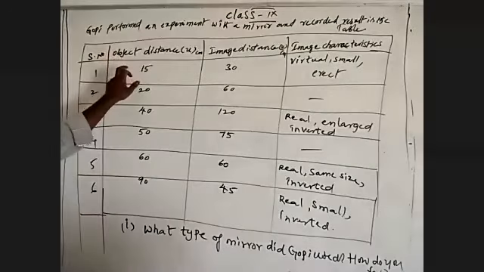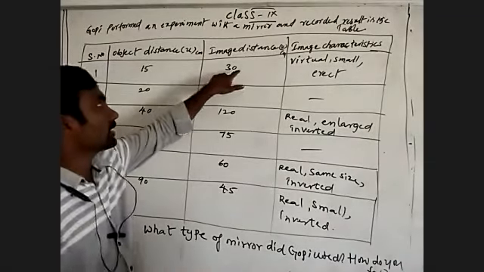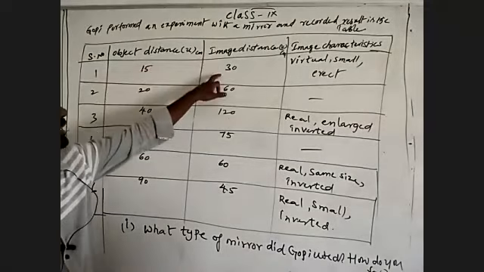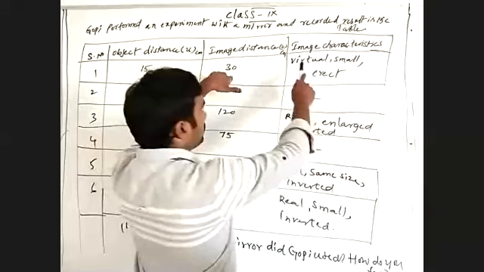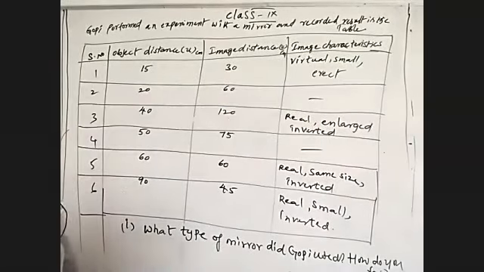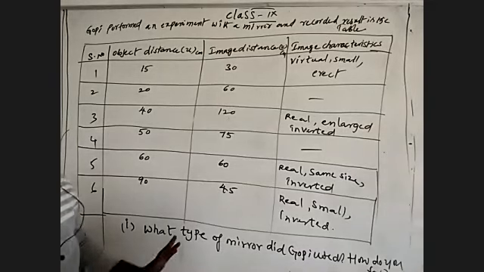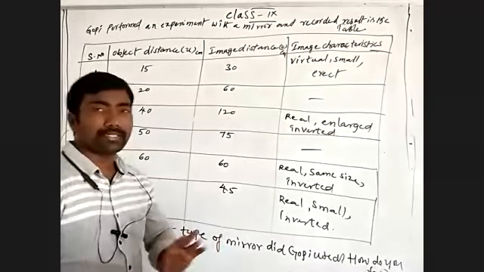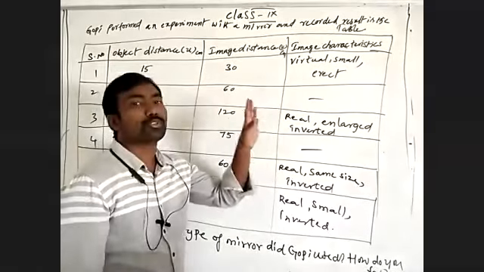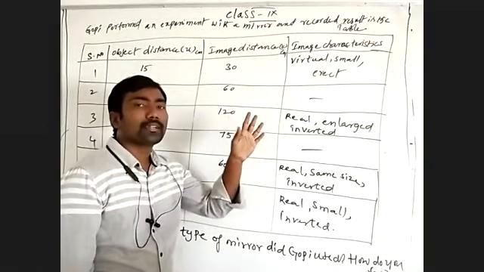Observe. Object distance 15, image distance 30. Virtual small erect. Virtual means beyond the mirror. Just remember, beyond the mirror means there is a chance it is formed by a convex mirror.